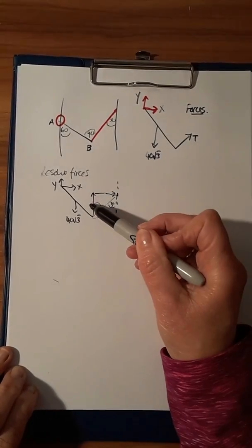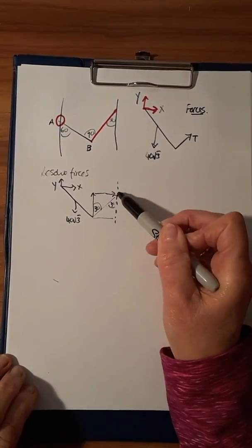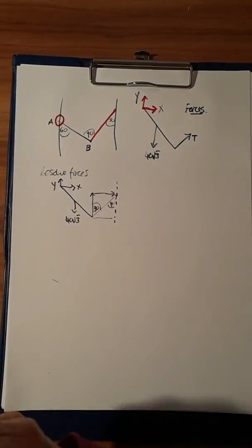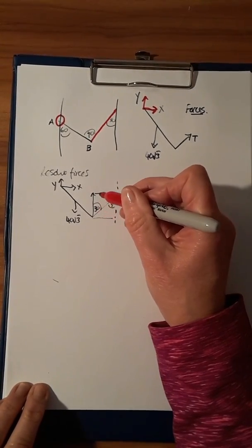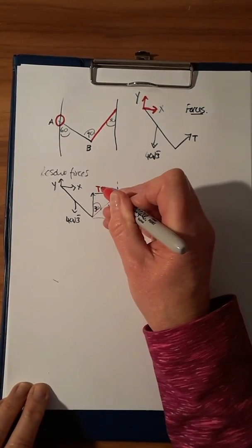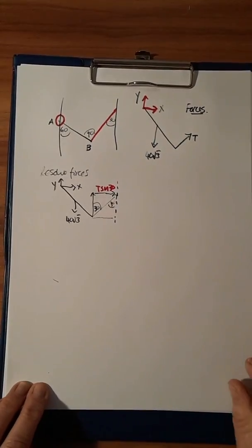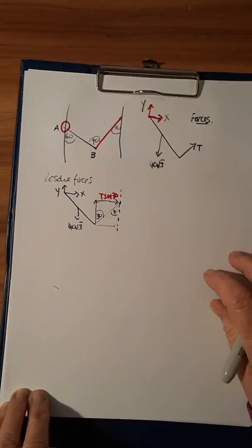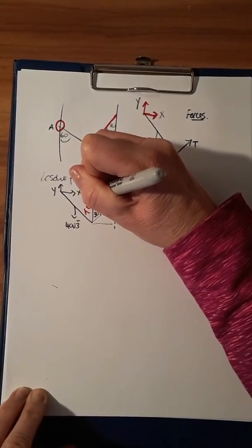Okay, so now I'm going to label these two components of that T force. This one here is, of course, opposite the 30 degrees, so this will become T sine 30. And this one is adjacent, so that one will become T cos 30.